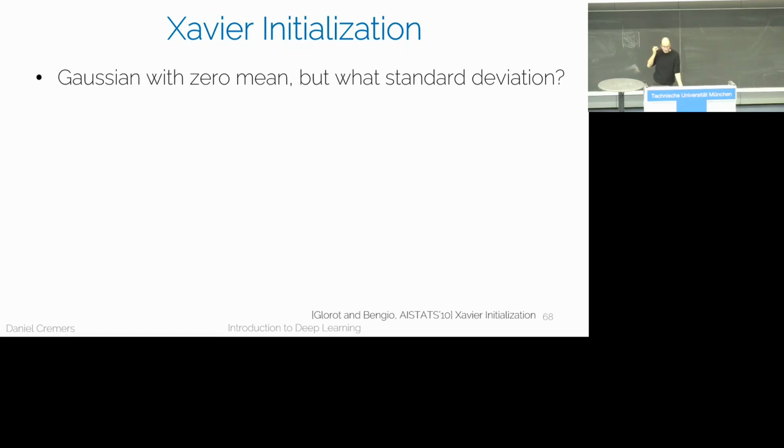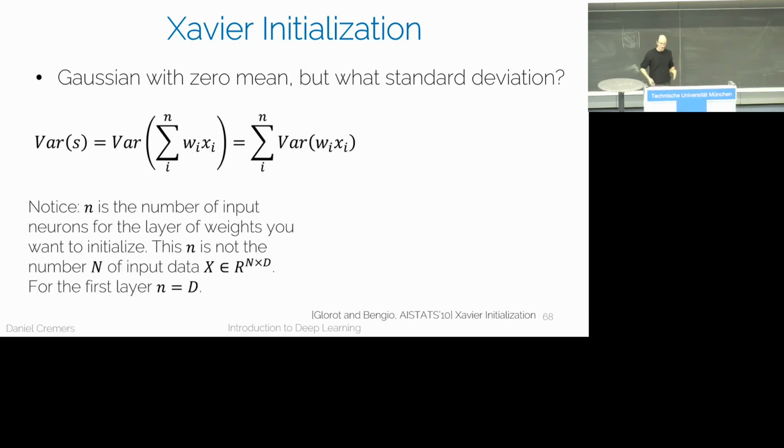So the assumption is we're going to start with 0 mean Gaussian noise, but what standard deviation? It shouldn't be too large, it shouldn't be too small. What is suitable? And in fact, what they did, and this is very elegant, they analyzed how can I ensure that the variance of the score remains constant from layer to layer.